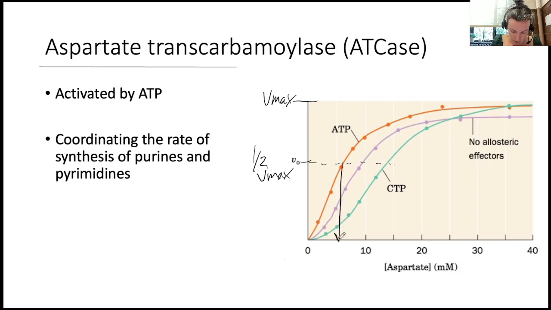So we'll see how the curve for ATP appears to have a smaller Km than the curve without ATP. So ATP is an activator of the enzyme ATCase.